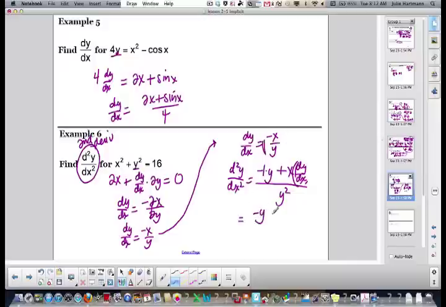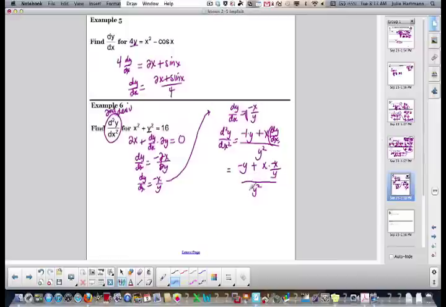You have negative y plus x times negative x over y, all over y squared. You can't leave a fraction within a fraction, so we're going to multiply everything by y. That gives you the second derivative equals negative y squared, the y's cancel, minus x squared, all over y cubed.